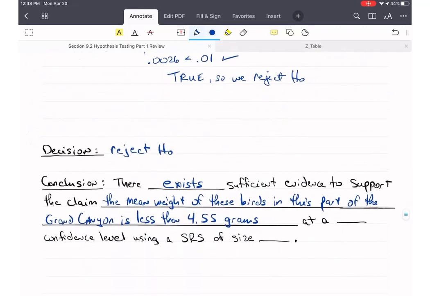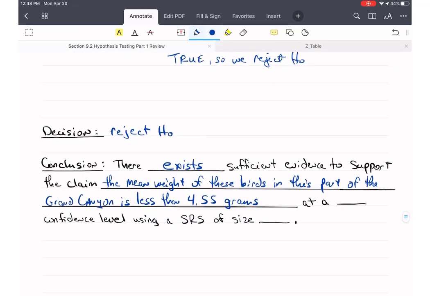Yep. At a, so remember the confidence level and alpha have to add up to 1. So confidence level is 1 minus alpha equals 1 minus 0.01 equals 0.99 equals 99%. So at a 99% confidence level using a simple random sample of size 6.